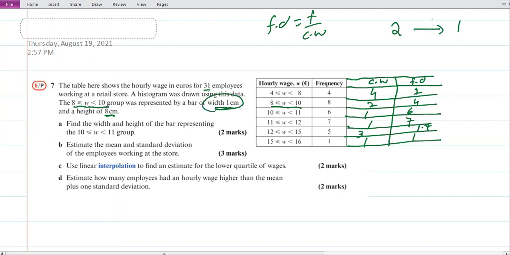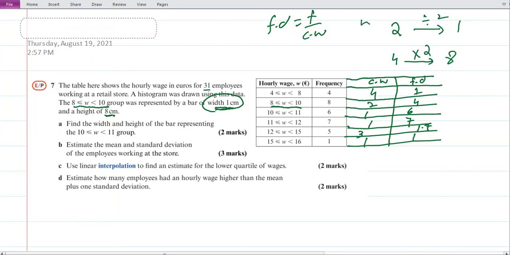So how from 2 can we get 1? By dividing by 2. In the same way, for the height, meaning frequency density, the original frequency density for this one is 4 and that is changed to 8. It means it is multiplied by 2.